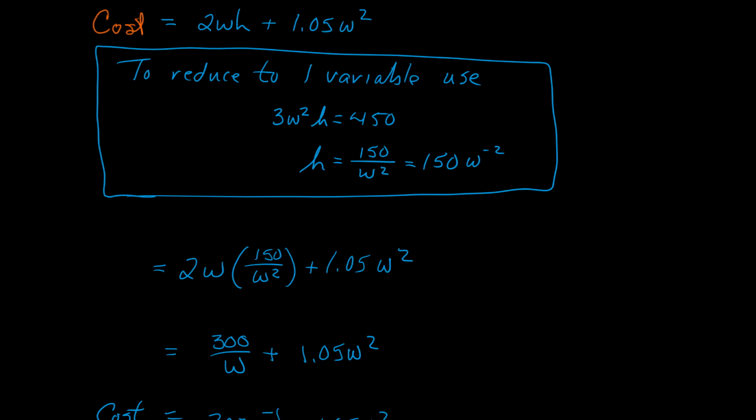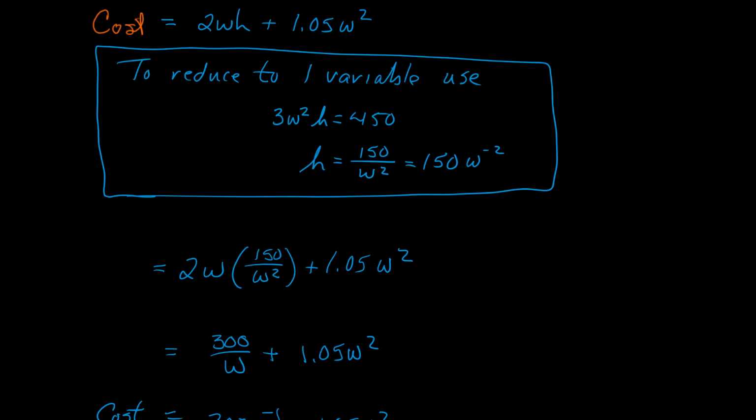I can solve for H. H is going to give me 150 divided by W squared, or I can write it as 150 W raised to the negative 2 power. Which format am I going to use? It depends on which looks easier to substitute in and clean up algebraically.